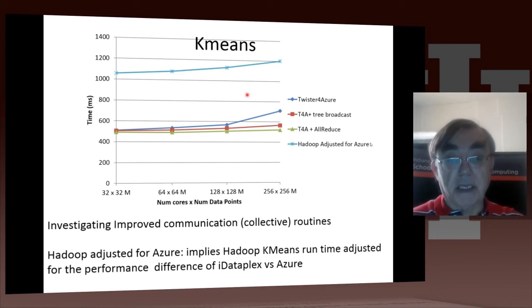In this plot, we come to look at Kmeans, which we did in the last lesson group. Again, we have to do some adjustment because Hadoop is running on Linux, and therefore, instead of adjusting Azure, we adjust Linux, because most of our plots here are the Azure plots. And here's the Hadoop plot running on Linux on Kmeans.